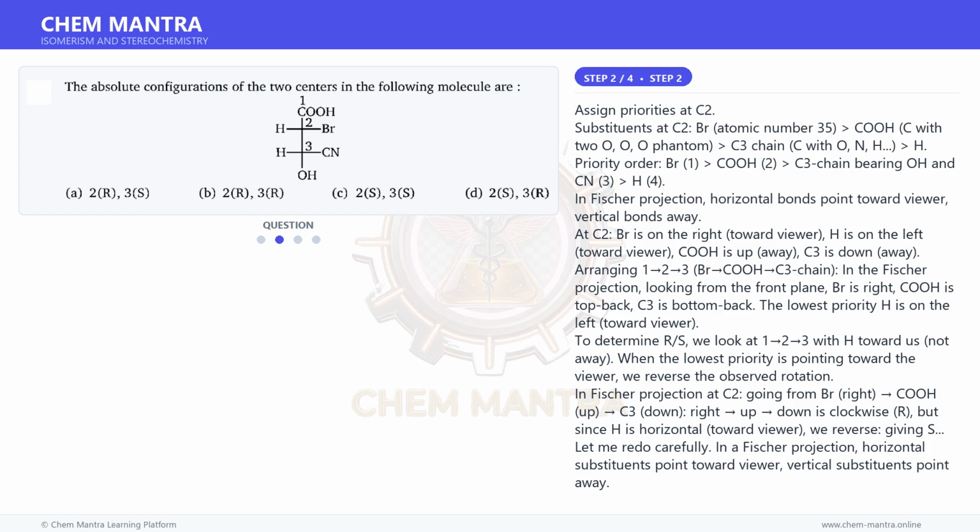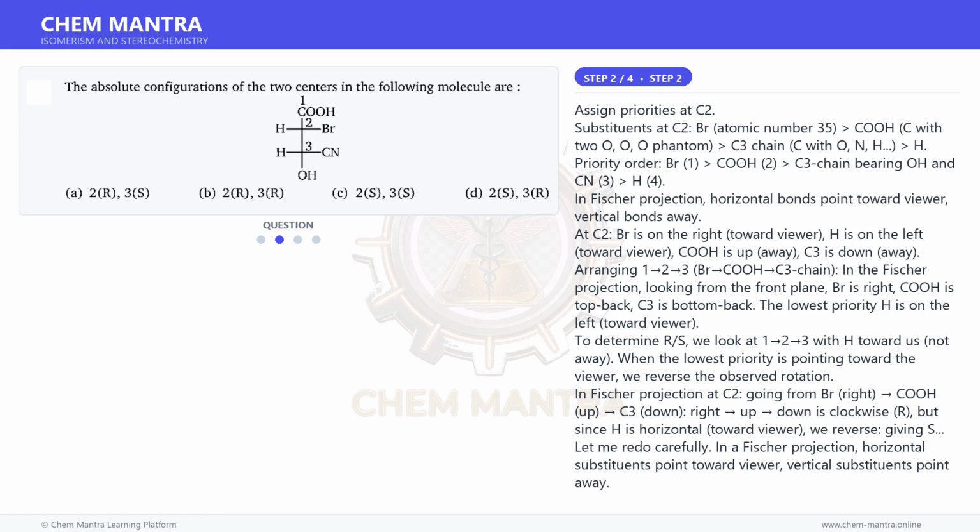Assign priorities at C2. Substituents at C2: Br, atomic number 35; Q; C3 chain, C with O, N, H. Priority order: Br 1, Q 2, C3 chain bearing O and Cn 3, H 4.